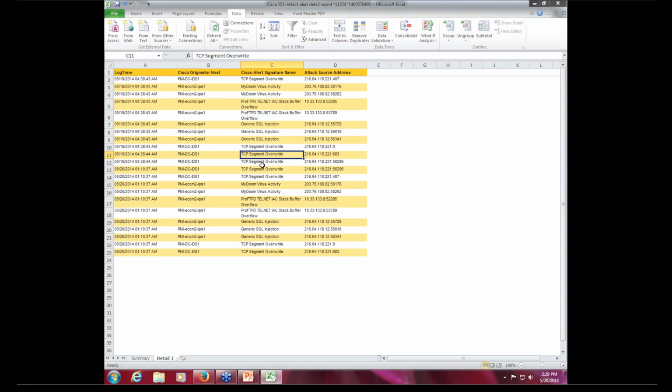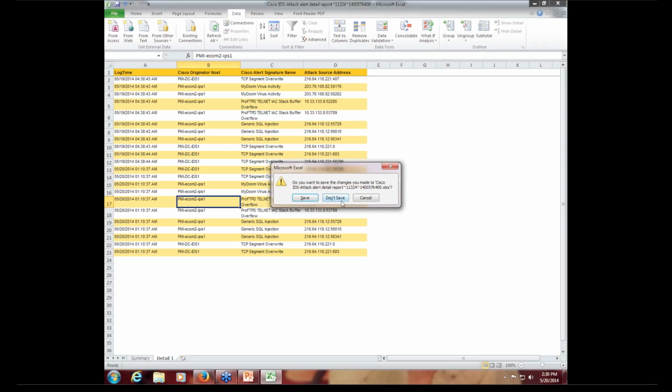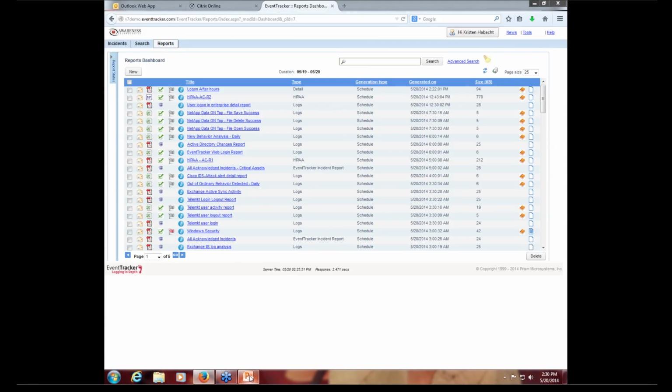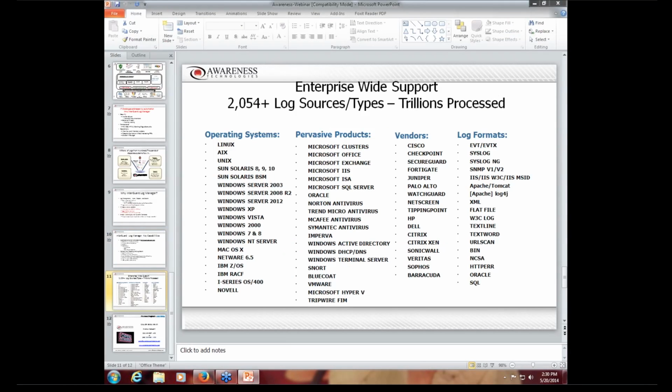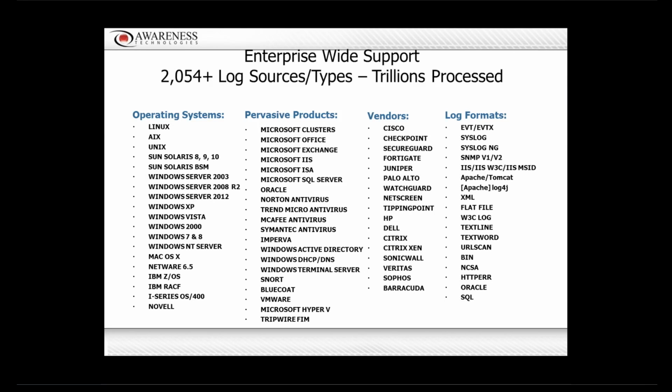So again, the kind of coverage that you have with this product is quite extensive. Here, for example, is a short list of the types of log sources for which there is coverage. There's more than 2,000 different operating systems that are available, all sorts of products that produce this kind of info for which knowledge is already available in the system from all of these vendors in all of these different formats.